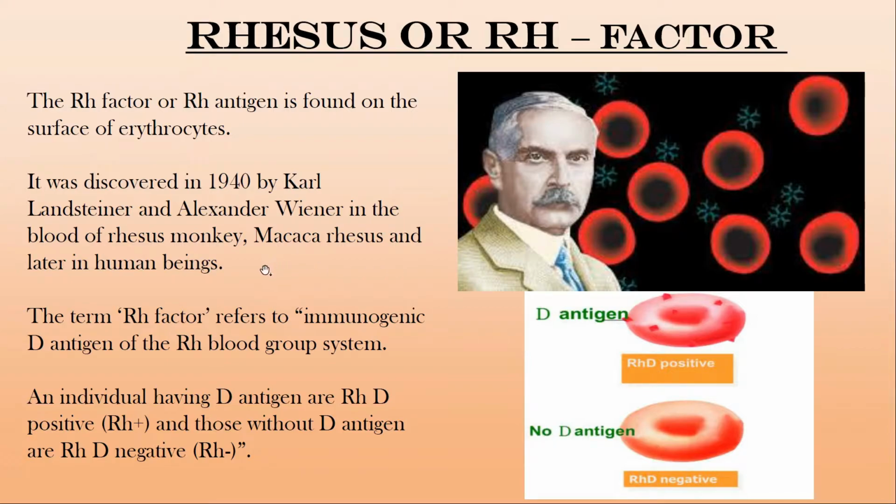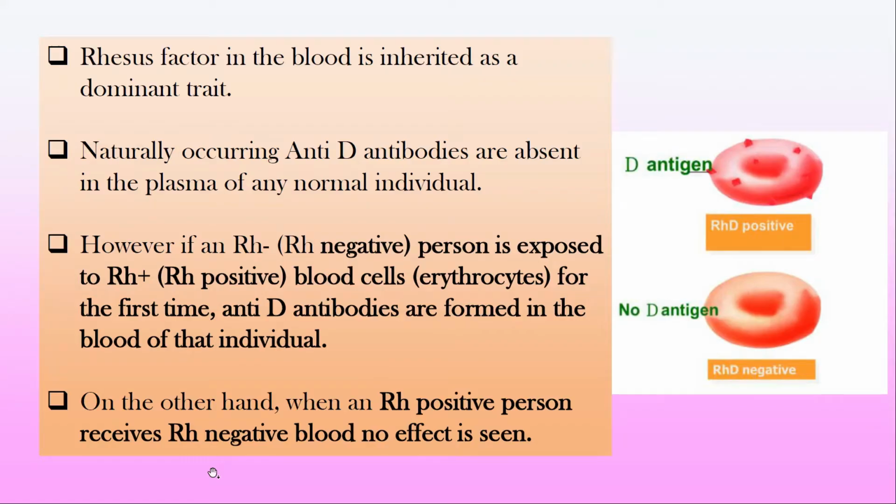And later it was found in human blood also. The term RH factor is referring to the immunogenic D antigen. If the individual is having this D antigen, then the person is said to be RH positive. If the person does not possess this D antigen, then the blood group is RH negative.